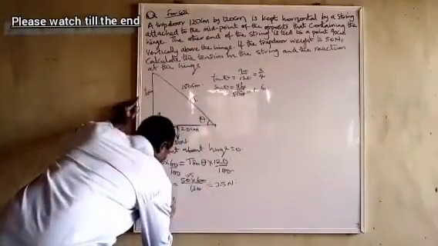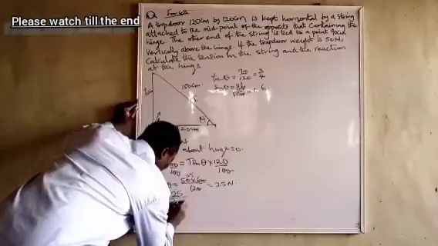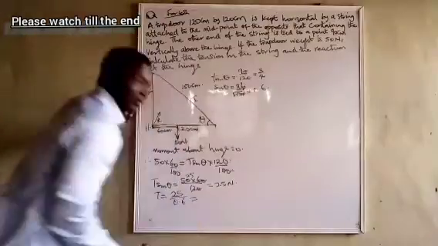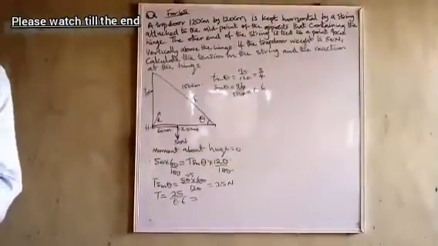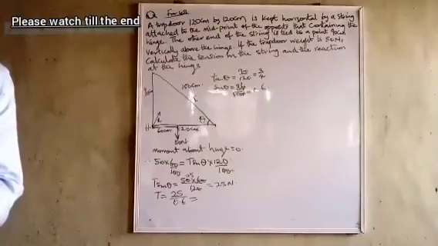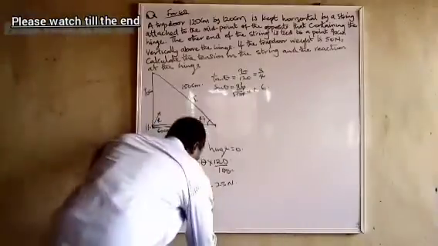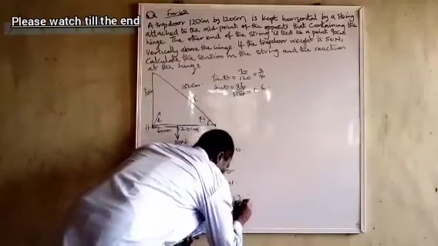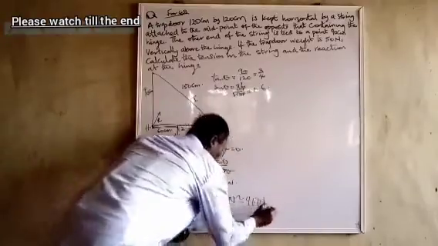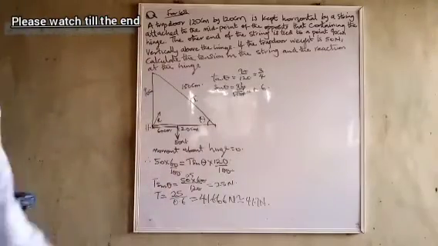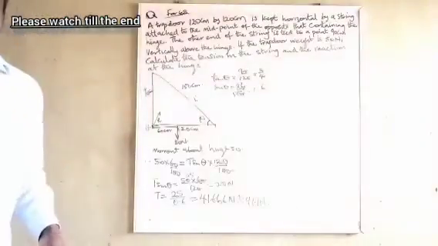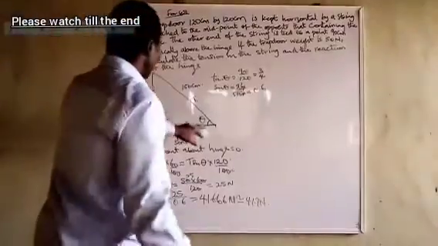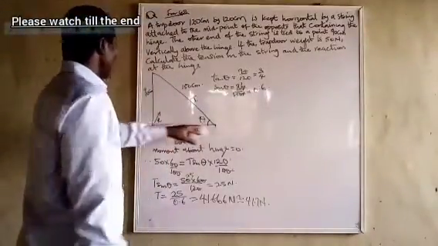So T is equal to 25 over 0.6, and that is going to be 41.666 Newton, approximately 41.7 Newton. So we have been able to find this. Now, you can also get this portion now.